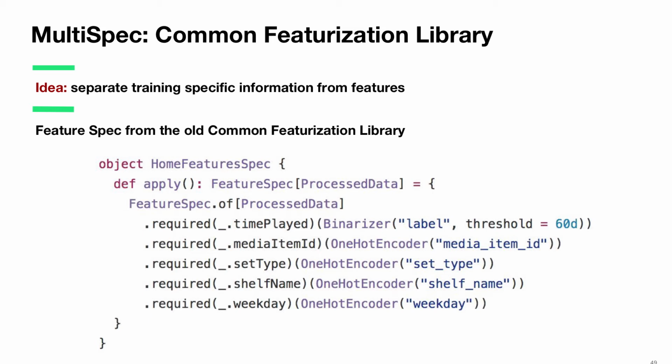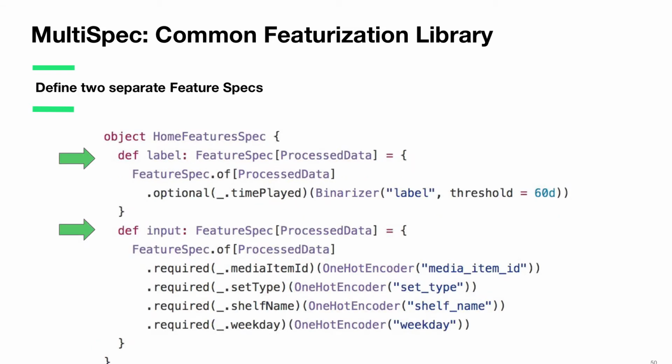So now, as you can guess, maybe the trick is just to make two feature specs. The first one is label specific, and the second one is input specific. Note, though, that both of these feature specs are defined for the process data case class. It's just taking different components of it and putting them into a feature spec.